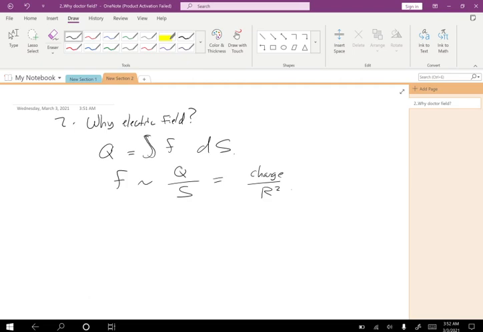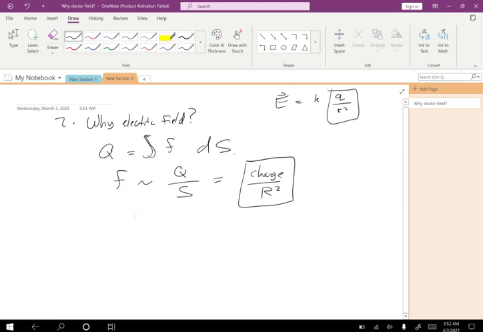Now I'm just going to bring back up the electric field that we know from elementary physics, and it's some constant times our charge divided by r squared. So this is exactly what we have here, charge divided by r squared. So in other words, our integrand is actually equal to the electric field divided by that constant.